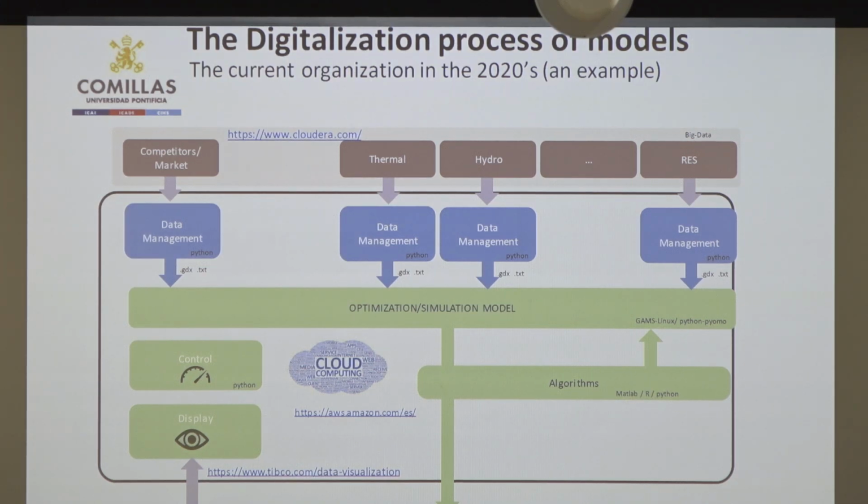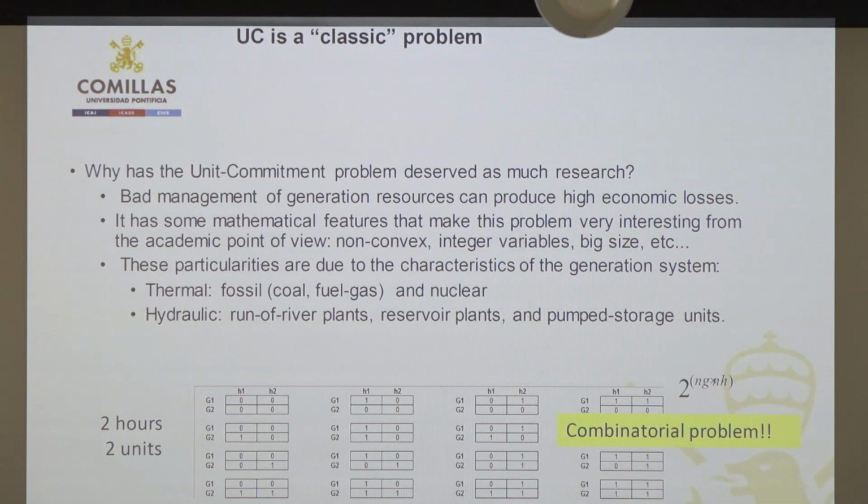Every day they have to update what are the prices of the fuel, what is the level of my reservoirs, what is the forecast of the demand. They need to update that on a continuous basis. We run the models, okay, and the users can make at the end decisions based on those results.